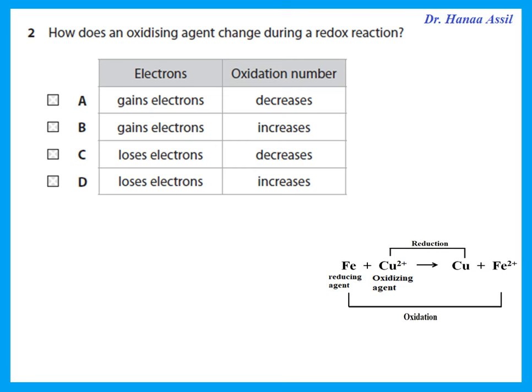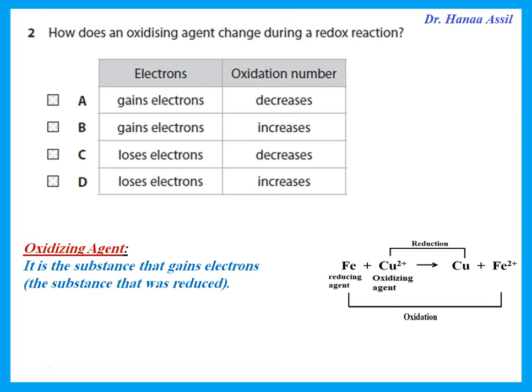The copper 2 plus is reduced, the copper 2 plus is the oxidizing agent. So the oxidizing agent is the substance that does what? That gains electrons, or it's the substance that was reduced. So gains electrons, that means my answer is A or B.